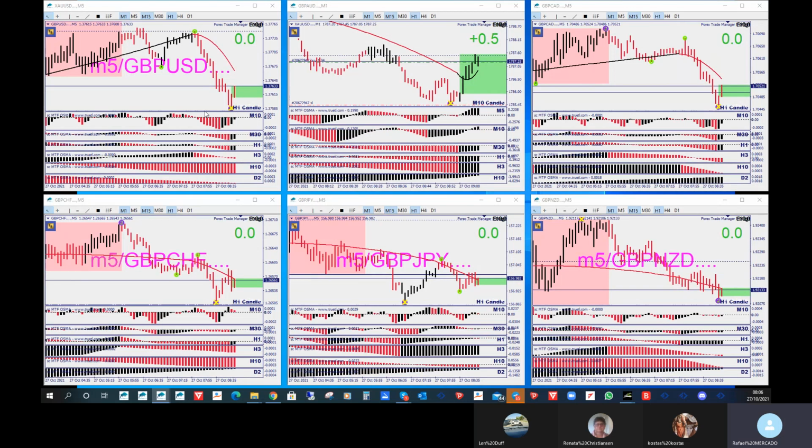Color, we have also a change color in 1 hour.